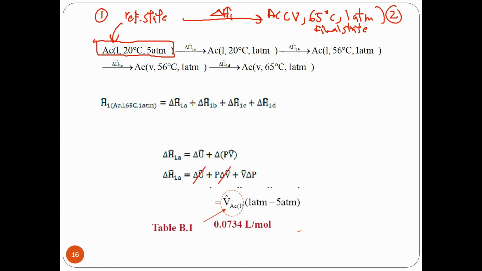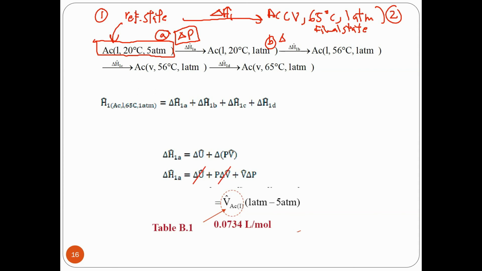This is where each step occurs: in step A we have a change in pressure, and in step B a change in temperature, because we need to have only one thing change at a time, leaving the rest constant. You remember, right? I keep saying this sentence.